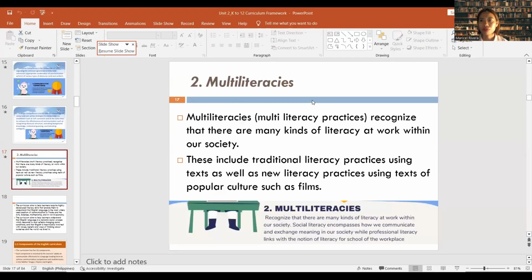We already talked about the multi-literacies, and it includes traditional literacy practices using text, as well as new literacy practices using texts of the popular culture, such as the ones in films.